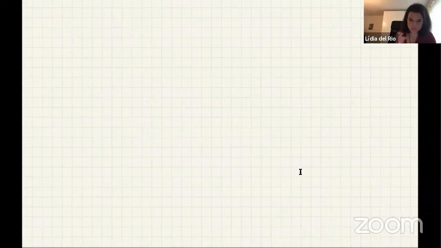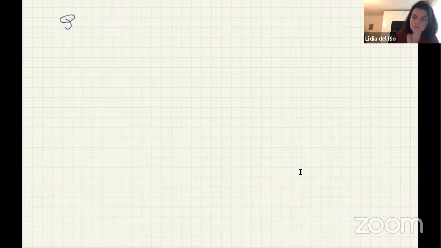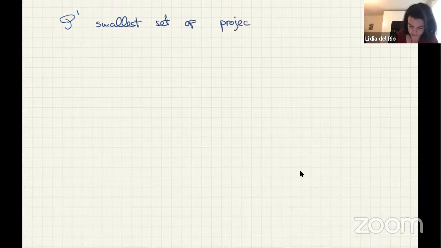So consider this trick: the smallest set of projectors such that it contains our original measurements.